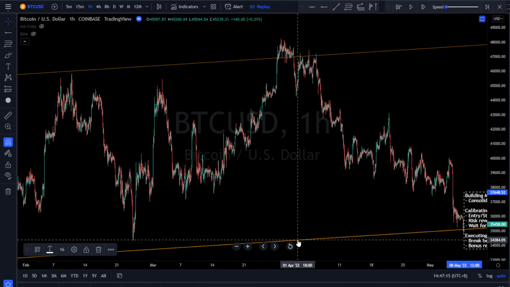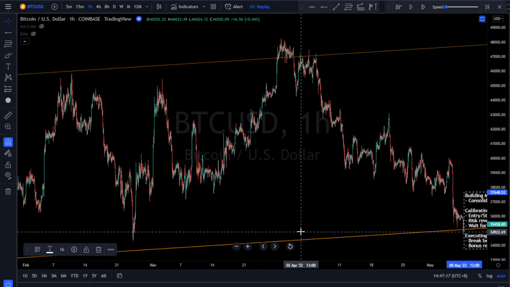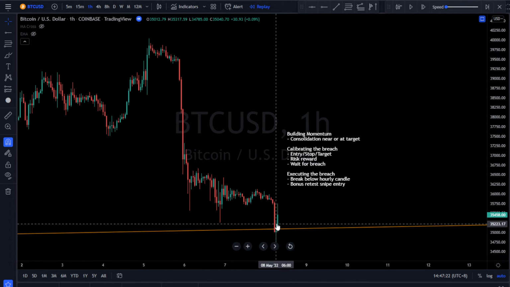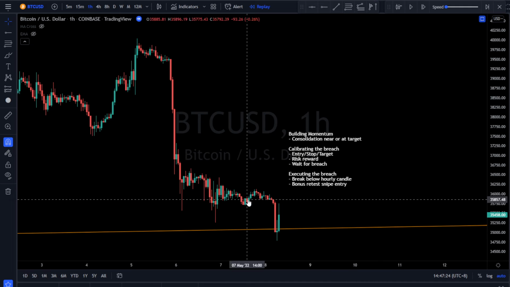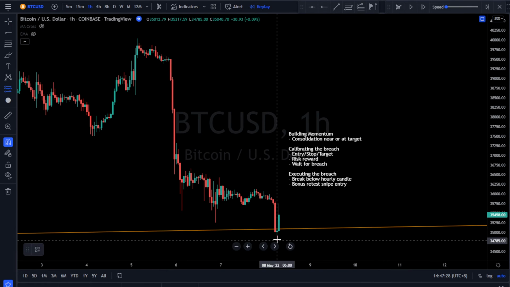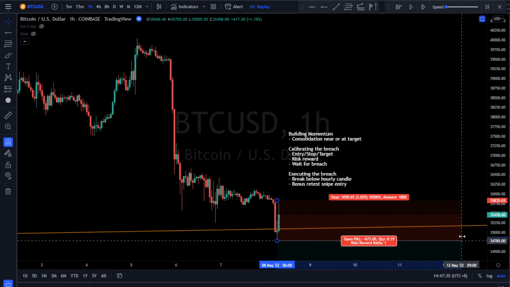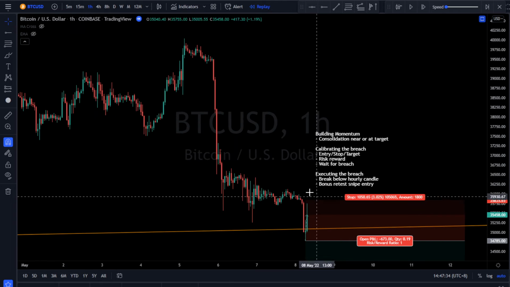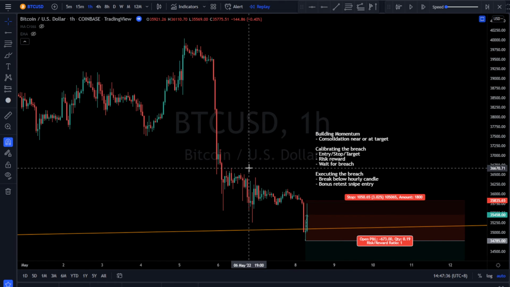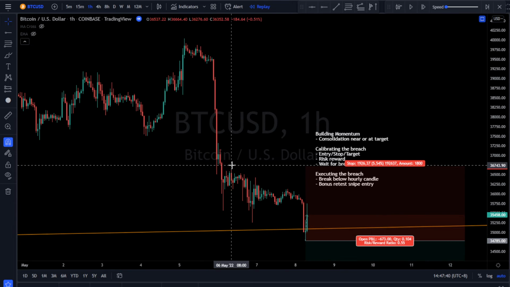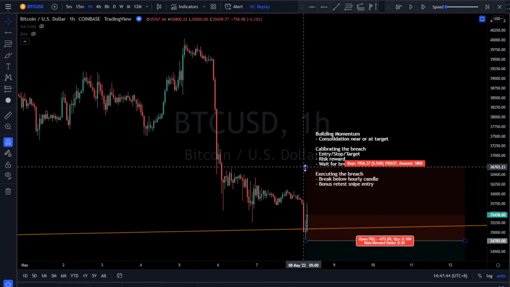So let's look around. I would say this hourly candle is good enough for me. Let's put in the short if we break below this. In this case, we can see that we have a good level here, so our stop loss can be above there.